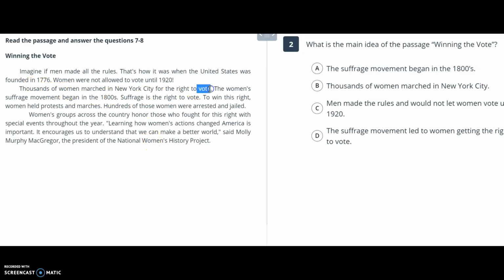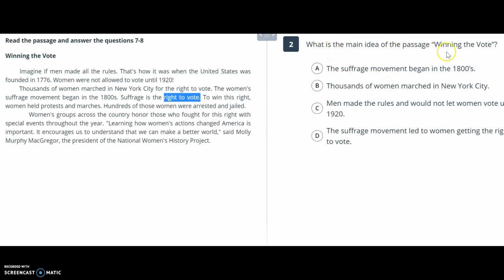Yep, I see that in the second paragraph. And fighting for our rights. So rights are very similar to getting votes, or the right to vote. So we are looking at the topic of voting and thinking about what each paragraph told us about voting.